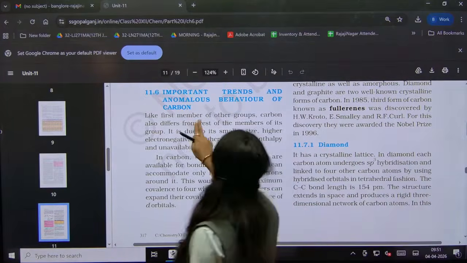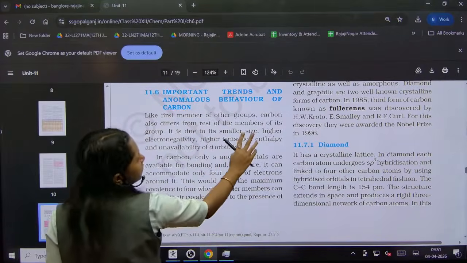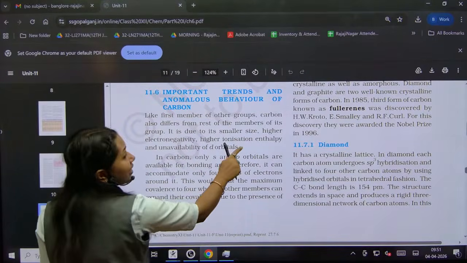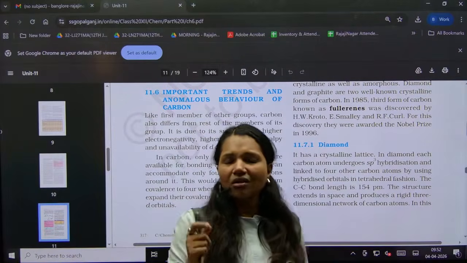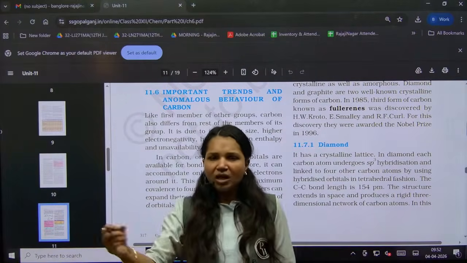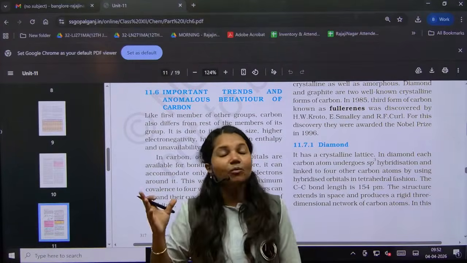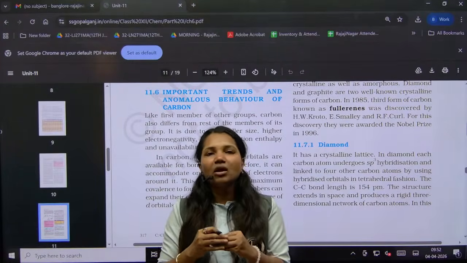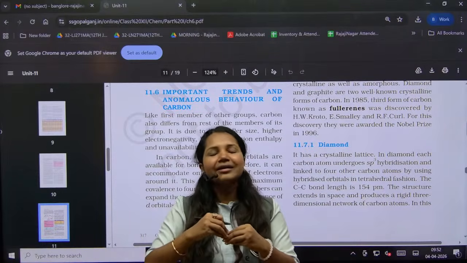Like the first member of the other groups, carbon also differs from the rest due to its smaller size, high electronegativity, and higher ionization energy. What is the meaning of ionization energy? Energy required to take out the electron. When the element is very small, the valence electron is strongly attached to the nucleus.